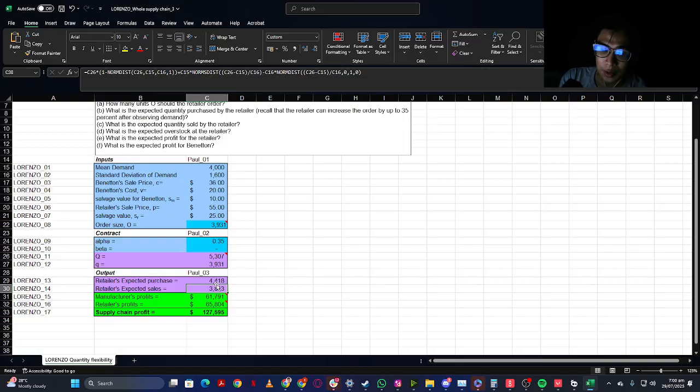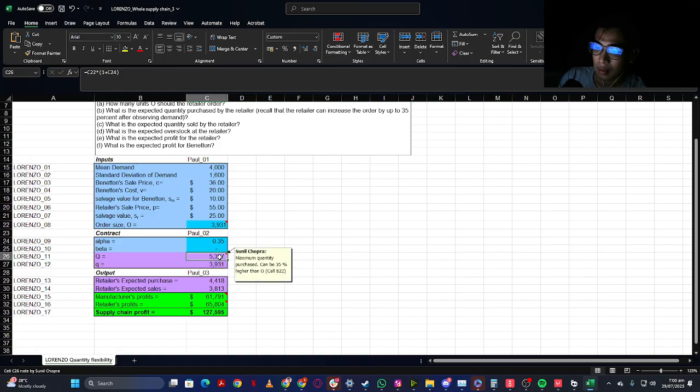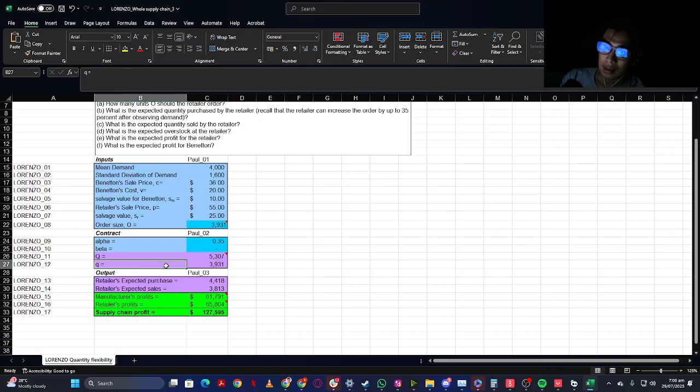After the detailed calculations accounting for actual expected values, the adjusted overstock is around, as you can see here, 5,307. The maximum quantity purchased can be 35% higher than O, or cell B22, which is 3,931.